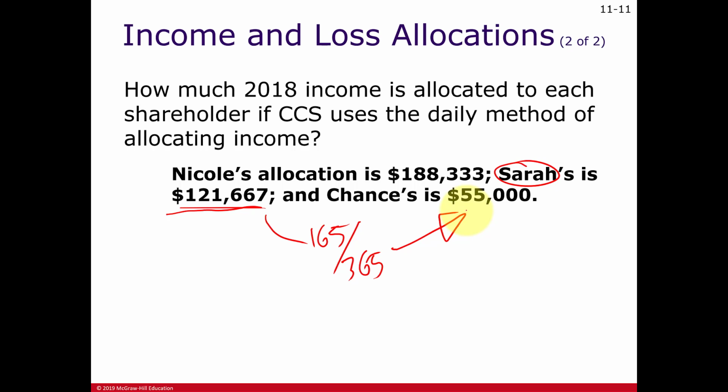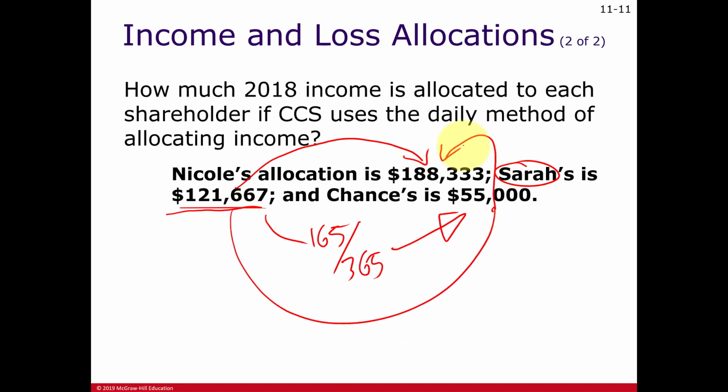And Nicole, her share would be this amount here, included in this 188, plus what Chance is not reporting. In other words, the rest of this amount here goes into Nicole's share. So you can do it by, again, using fractions and multiplying it by the number of shares and by the 365,000 to get all of this, but I'm just showing you a summary of how they got this solution here.